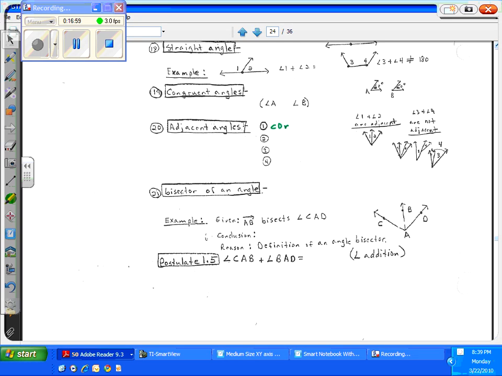Adjacent angles. Now, there's four properties of adjacent angles. They have a common vertex, a common side, they are coplanar, and they have no common interior points.